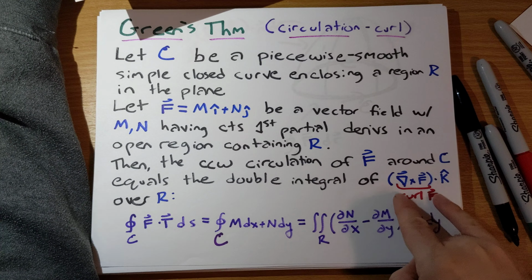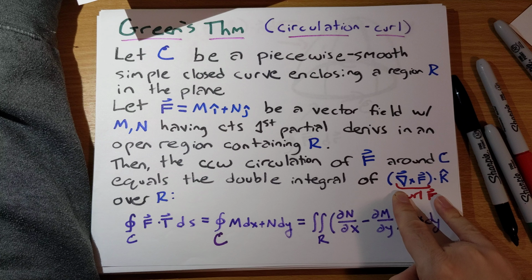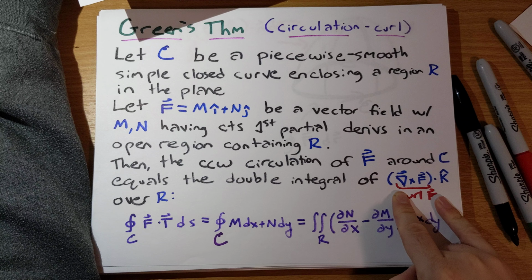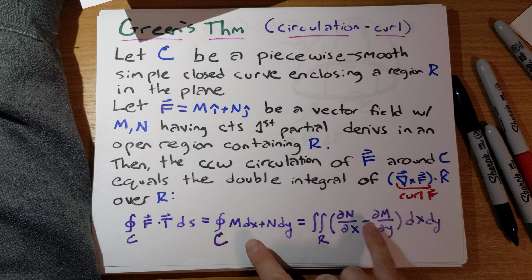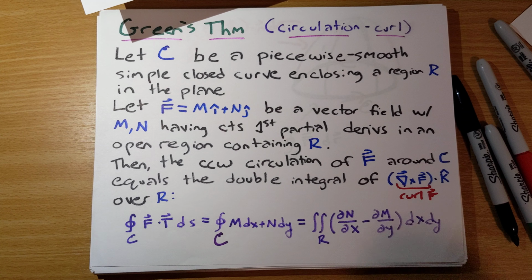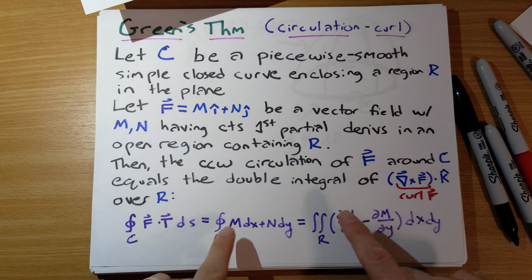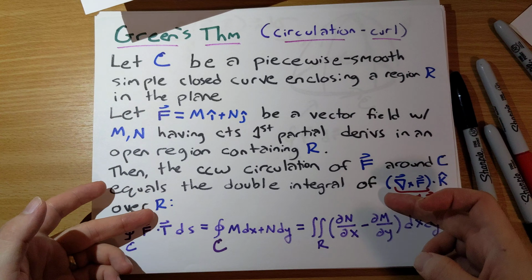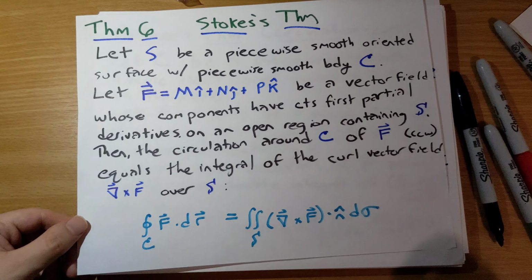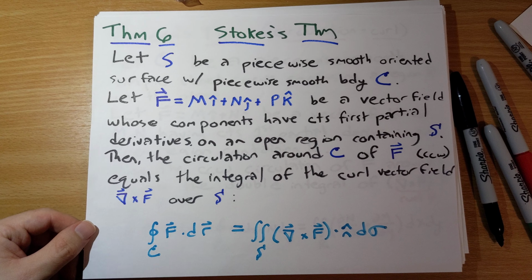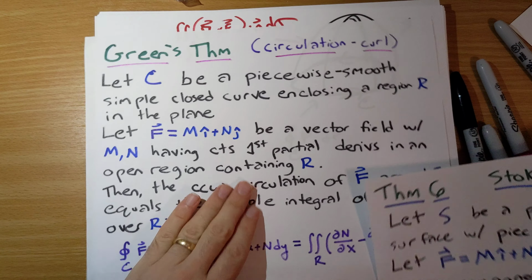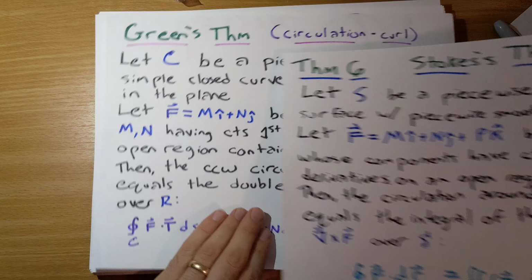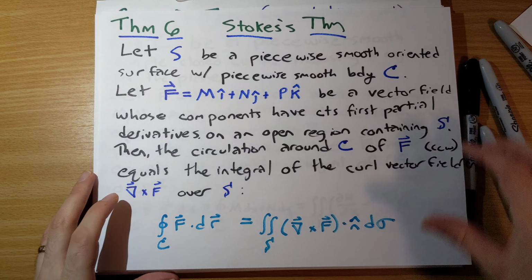In Green's theorem, it was the k component, the z component, of the curl of F. So really, Stokes' theorem is what you get if you take Green's theorem in the plane and kick it up to three dimensions for more interesting surfaces like this one.